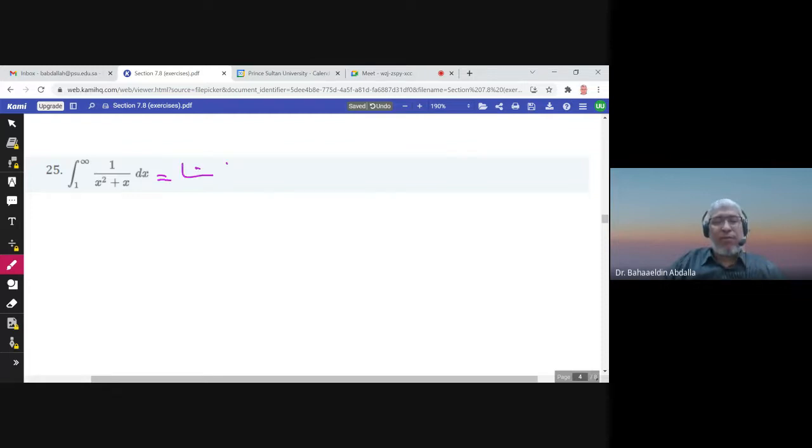Limit when t approaches infinity from 1 to t of 1 over x times x plus 1 dx. Now 1 over x times x plus 1, I can write as a over x plus b over x plus 1.